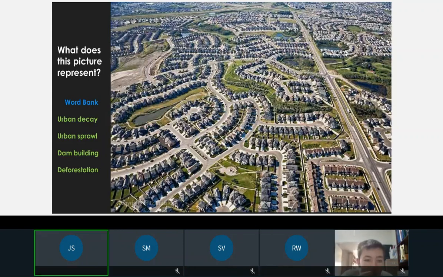What are we looking at? Urban sprawl. That's the growth of the suburbs, the movement from the city outward, and it takes up all that land, right? Because the people in the city want land, they want to live somewhere.